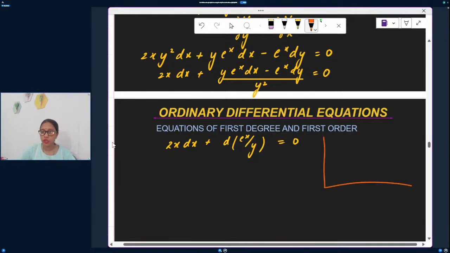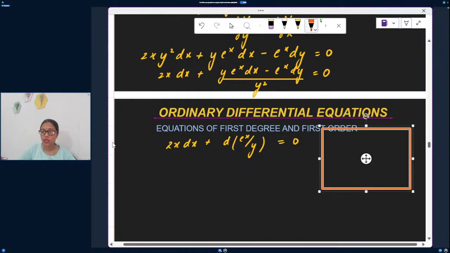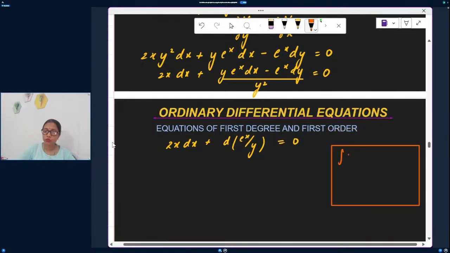To do that, please note, can you tell me the answer of this? Integration of 2x dx and integration of x square dx square.